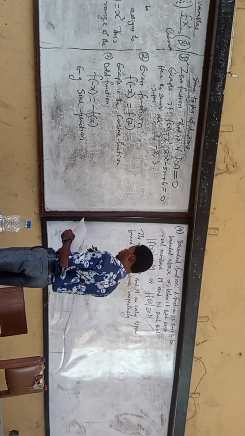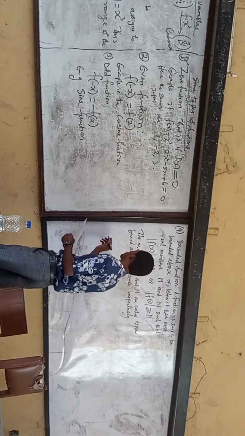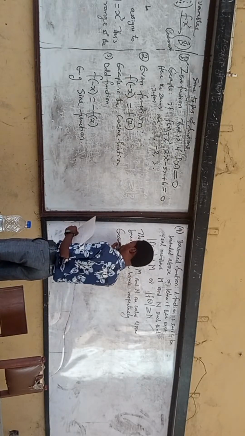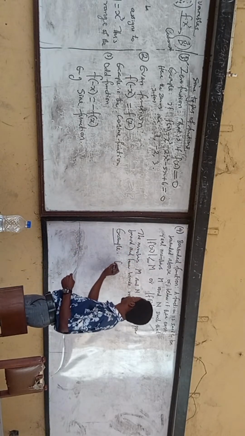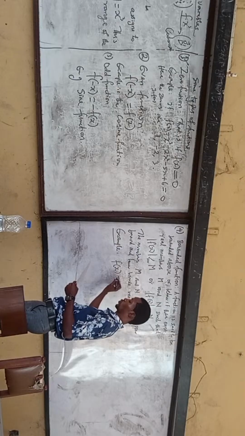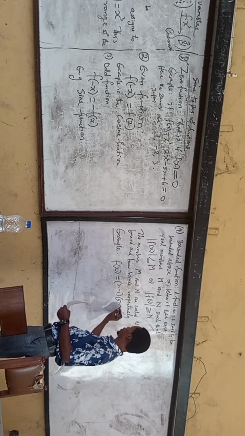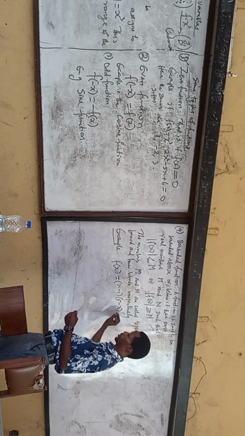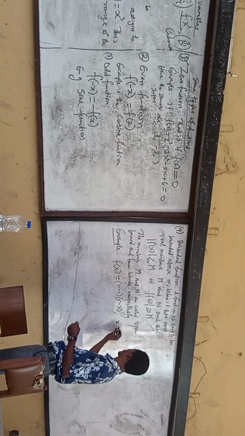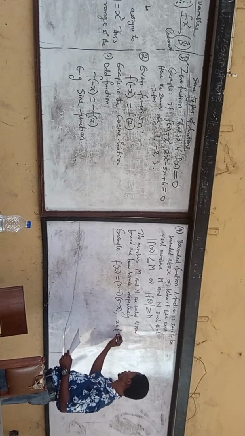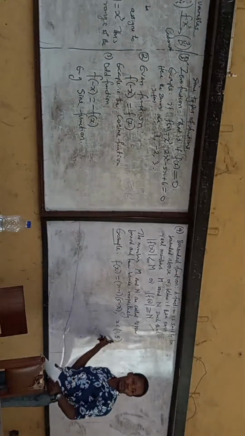Okay, so let's look at this example. If I give f of x to be x minus 1 times 5 minus x, for x in the open interval 1 to 5.